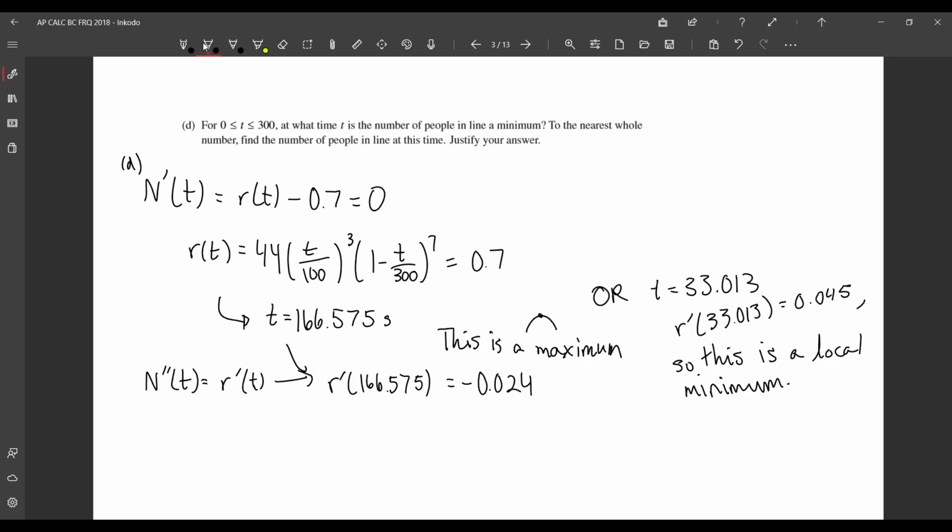And therefore, what we need to do is integrate r of t and check that this is lower than 20.